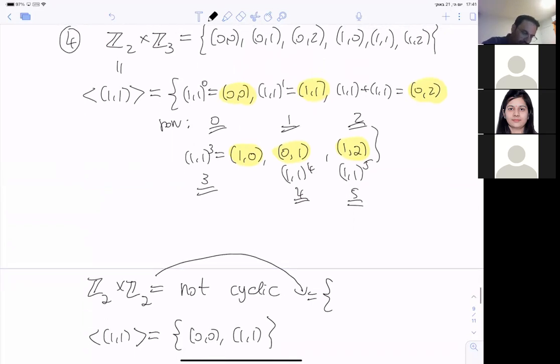The group here contains 4 elements, which are (0,0), (0,1), (1,0), and (1,1). So taking the powers of this element, we reach only 2 of them, not all of them.